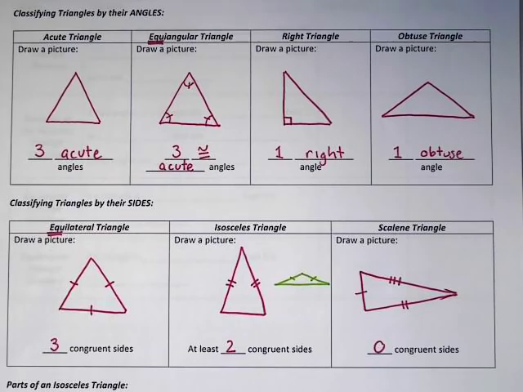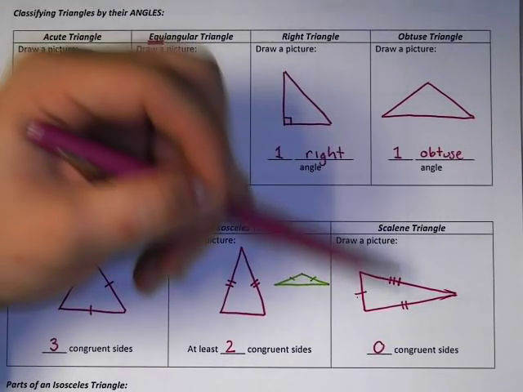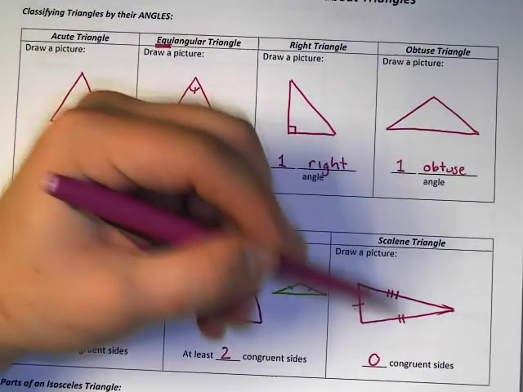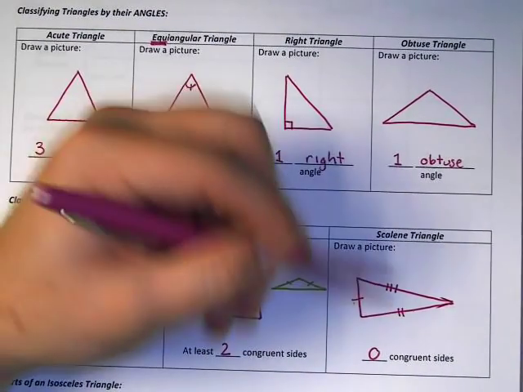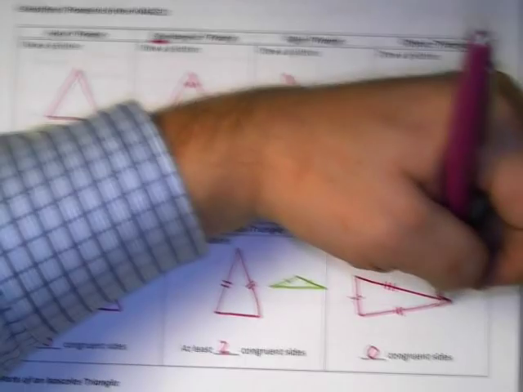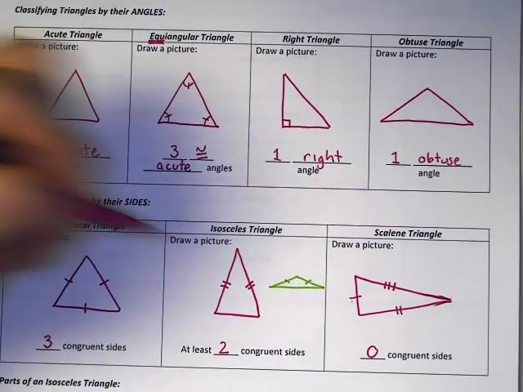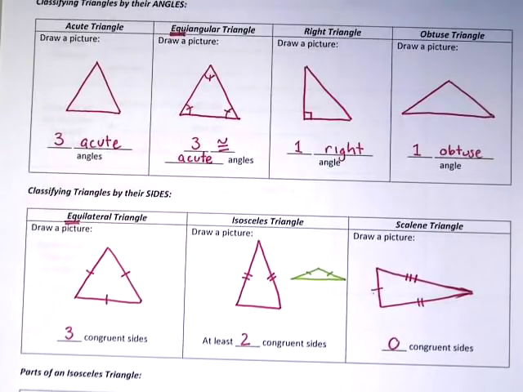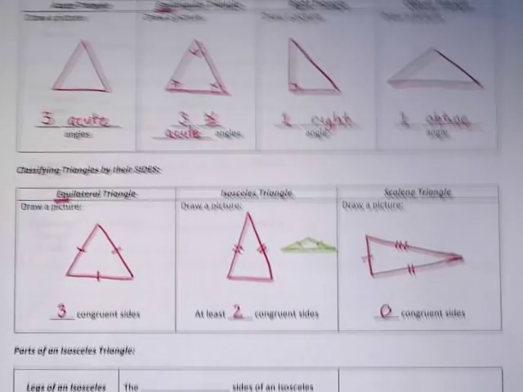And that's why I used these tick marks. If I don't have any matches, then I don't have any pieces that are congruent. So having a 1, a 2, and a 3 means that each side is separate, or each side is a different length. Okay? So there you have it. Okay, so that's how to classify triangles.